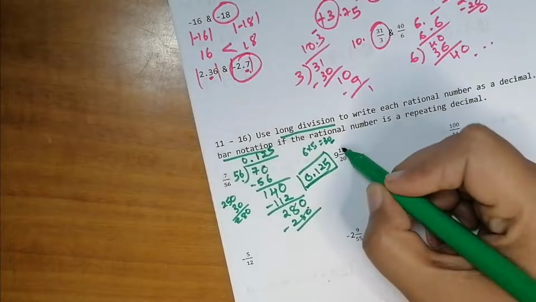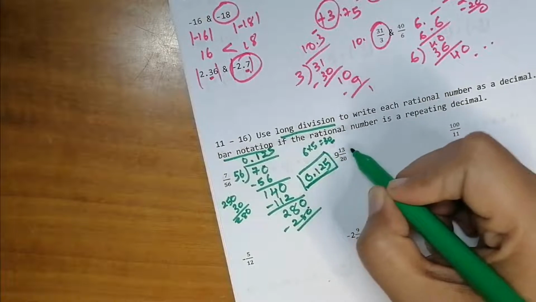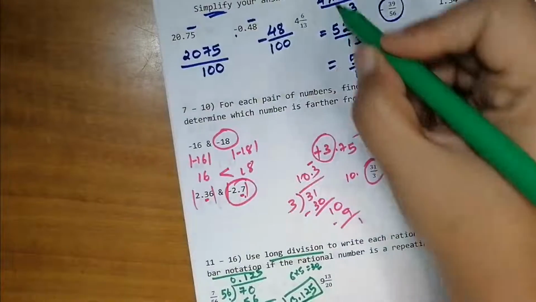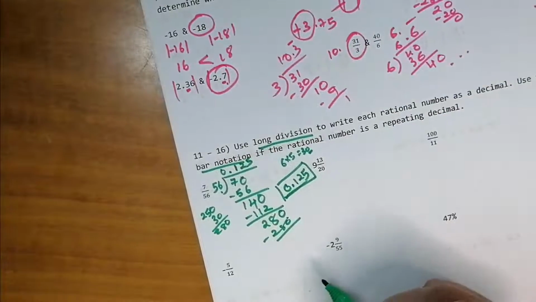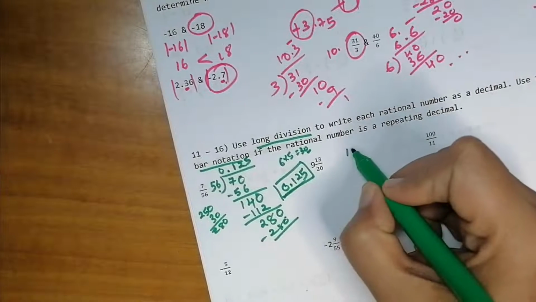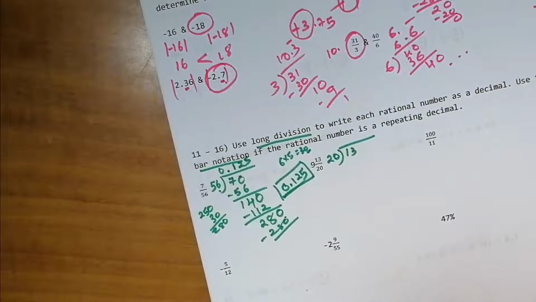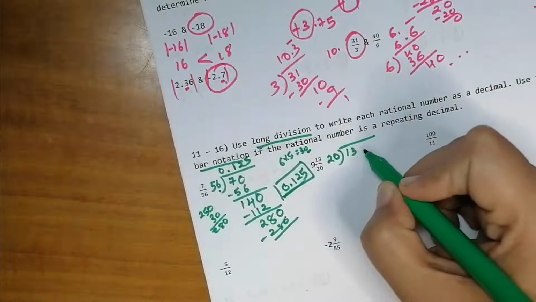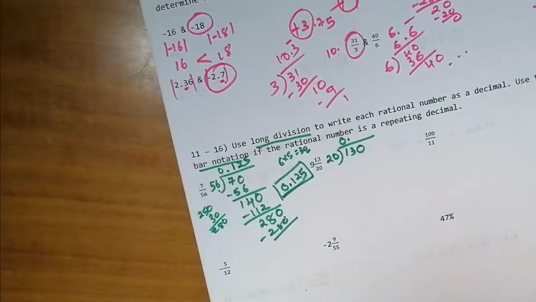Next one, 9 and 13 over 20. We will leave 9 as it is. Okay, we are not going to convert this into m over n format. We'll just keep 9 as it is and make our life easy. So we simply divide 13 by 20. And this division should be easy. It's not doable. We put 0 and we put a decimal point, right? 2 times 6 is 12.